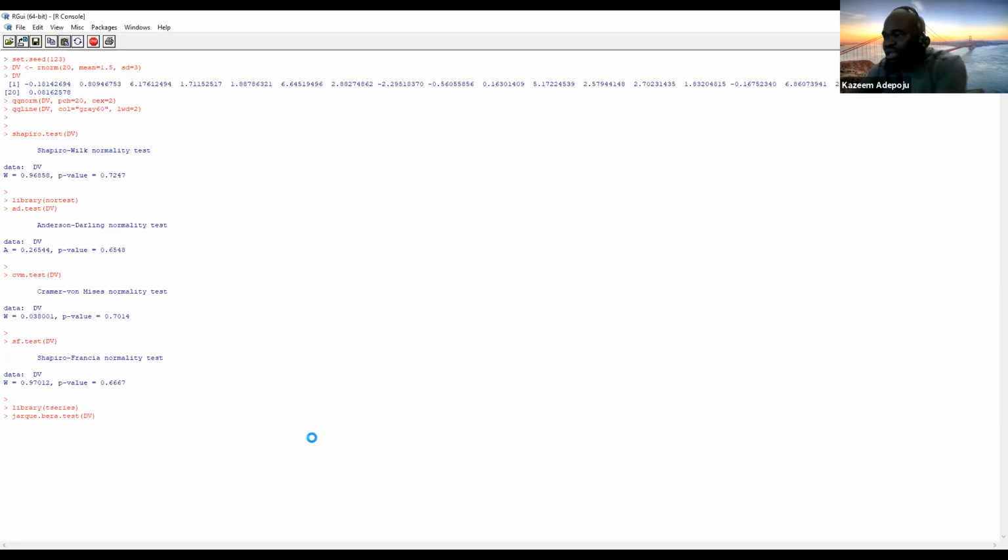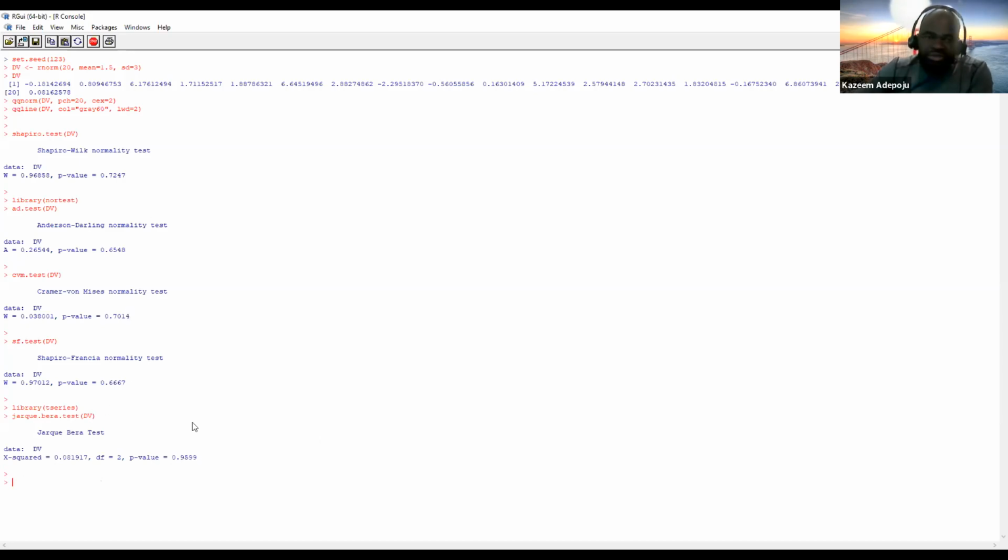So I'm going to load the package tseries, and the code is jarque.bera.test. My data is still DV, and as you can see right here, the Jarque-Bera p-value is even higher. It's higher than every other one.